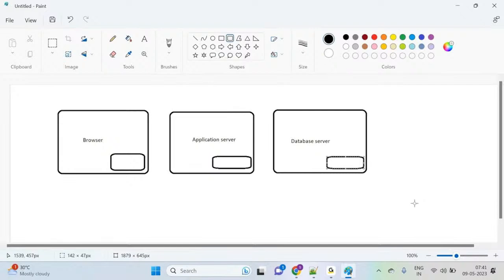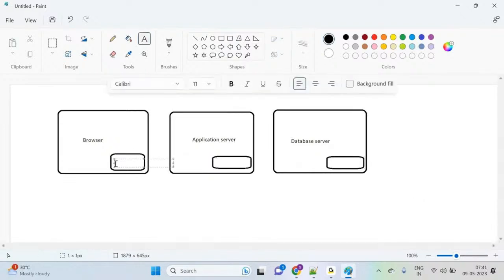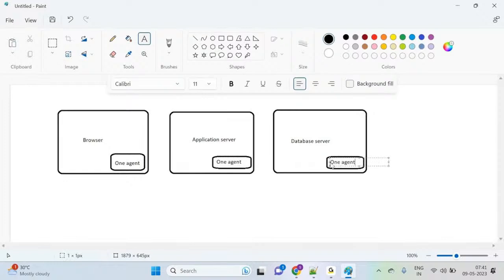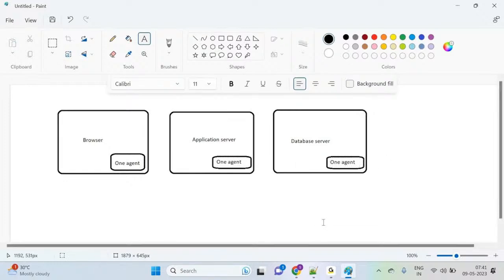It is generally called agents, but in the Dynatrace world, they call that OneAgent.